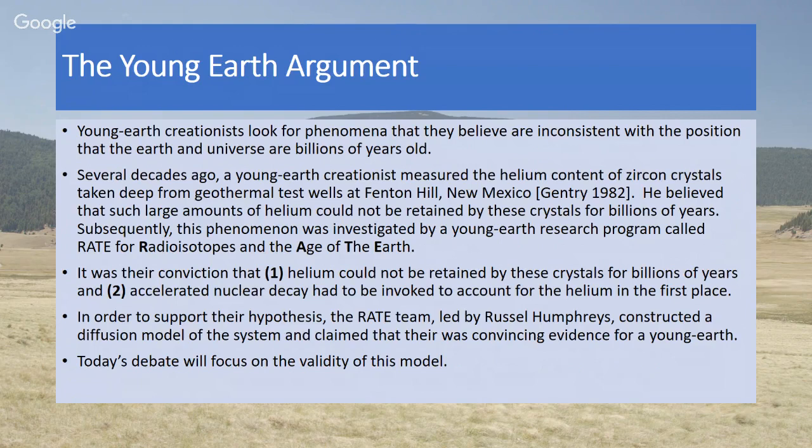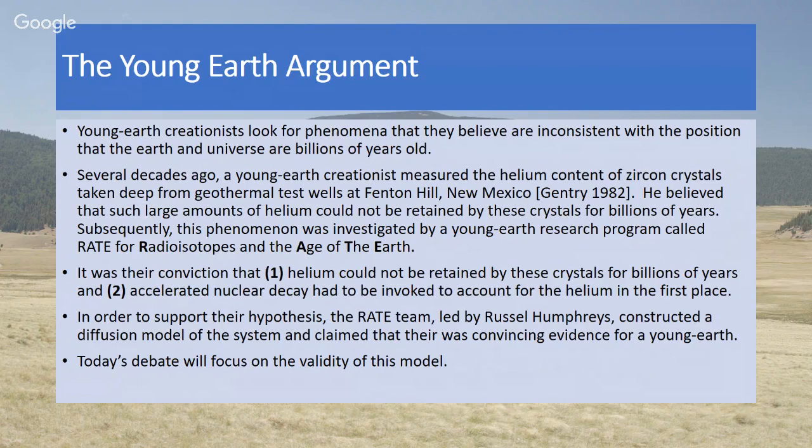And the current temperatures down these wells was fairly substantial. So Gentry and his fellow young Earth creationists thought that it's unreasonable for helium, which is a gas that could potentially diffuse rather quickly through materials at low temperatures. It seemed inconsistent that there'd be such large amounts of helium in these crystals.